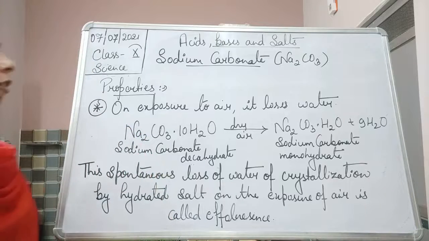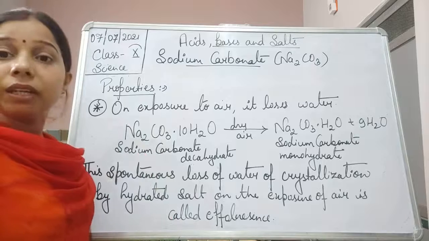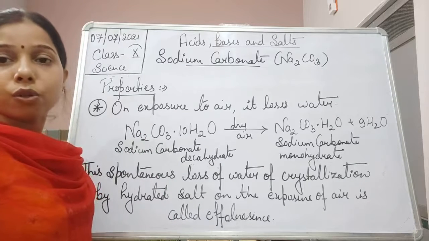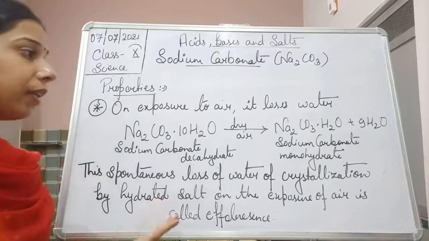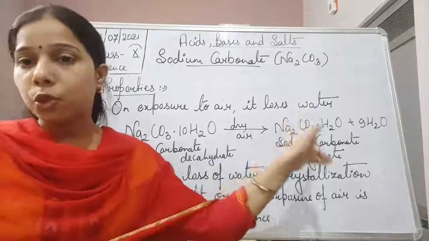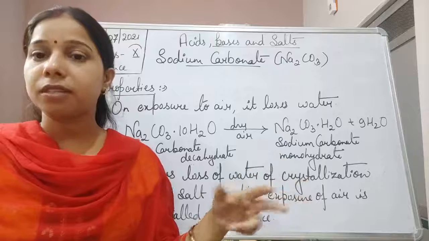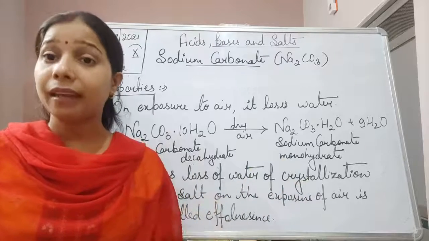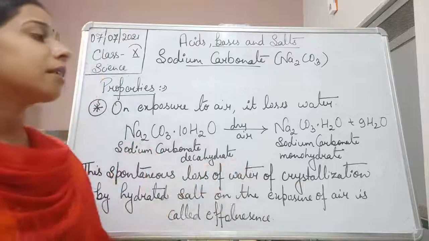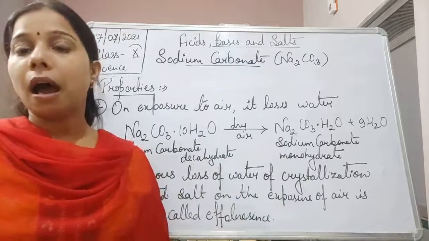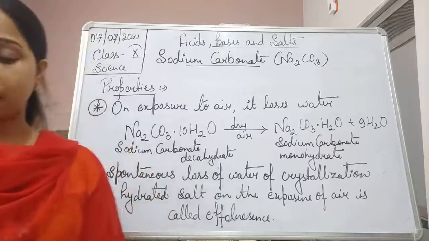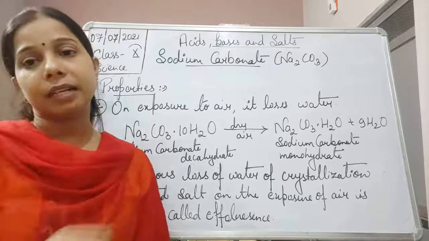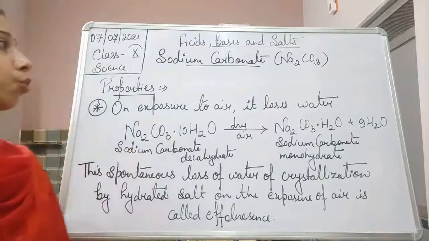Okay, and further giving heat to it will convert it into soda ash, or sodium carbonate. Right now it is only sodium carbonate monohydrate because it is exposed to dry air, due to which it loses 9 molecules of water, and this process is called efflorescence. But if heating is continued, it will get converted into sodium carbonate.